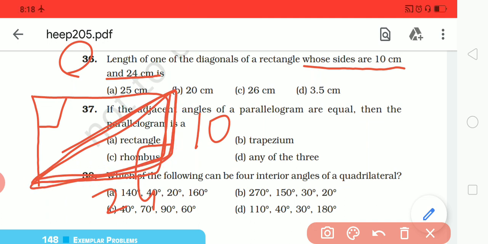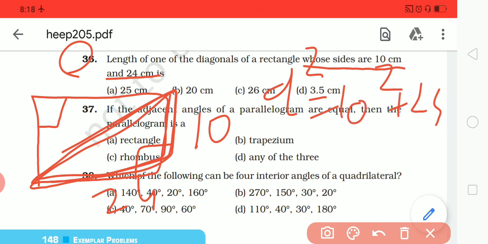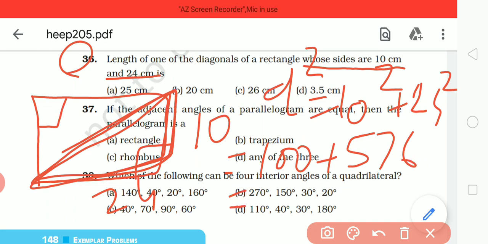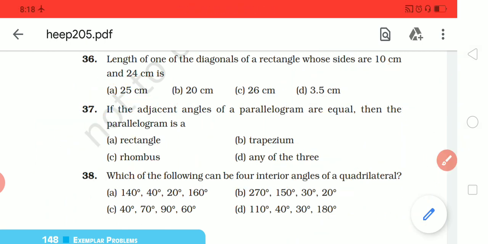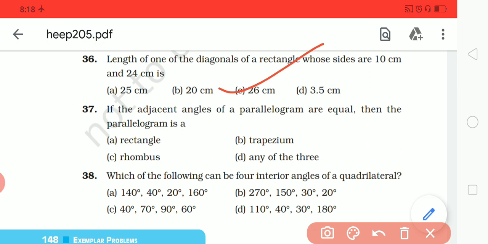I'm taking D for diagonal, so D squared equals 10 squared plus 24 squared. 10 squared is 100, 24 squared is 576, and this is equal to 676, which is the square of 26, students. So 26 will be the answer. So let us see which option is showing you. The third option is showing you the same one.